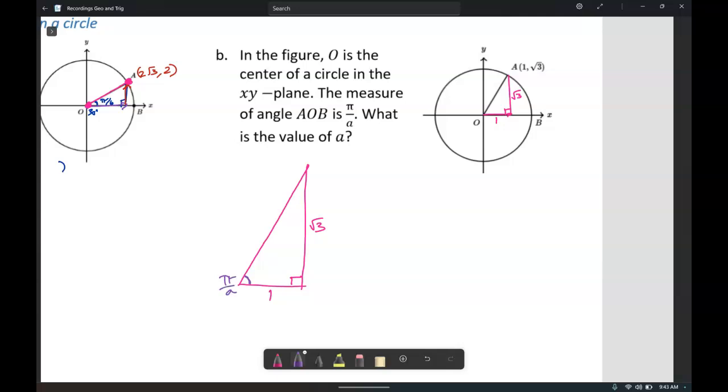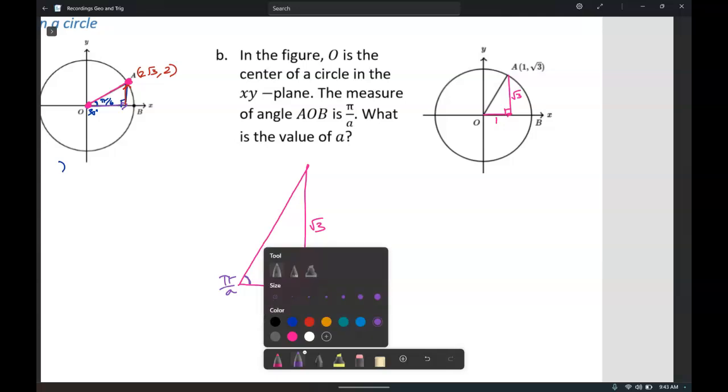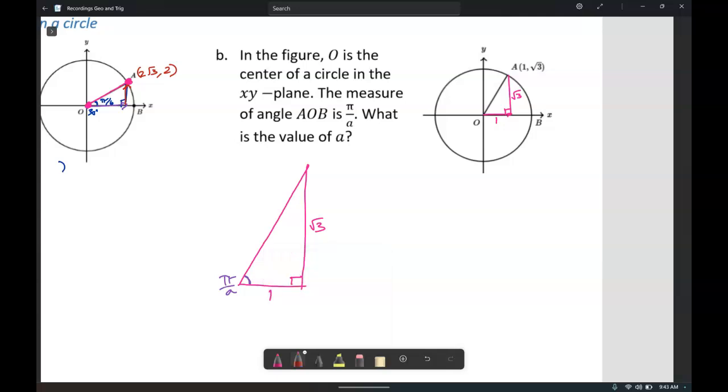So they want the measure of the angle in radians. So let's first think about what the measure of the angle is going to be in degrees. Well, let's look at the side lengths in relationship to this angle. If I look at my side lengths, I see that opposite this angle is the side square root of 3, and adjacent to it is the side length 1.